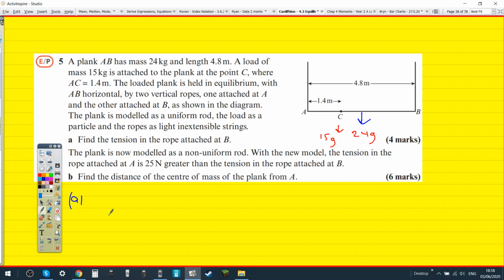So we find the tension in the rope attached at B. So is that the same as finding a moment about B? Tension at A, tension at B. The force. Okay, so how would you go about finding the tension at B?